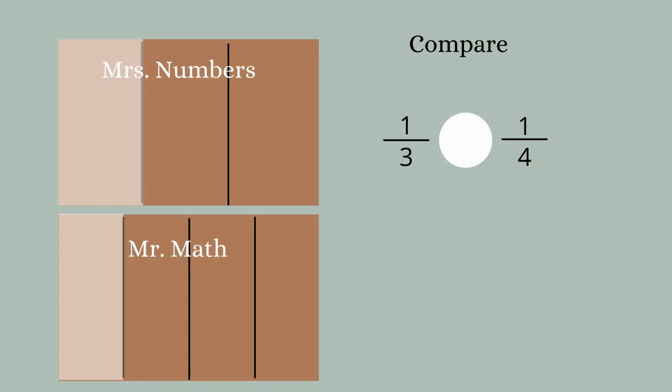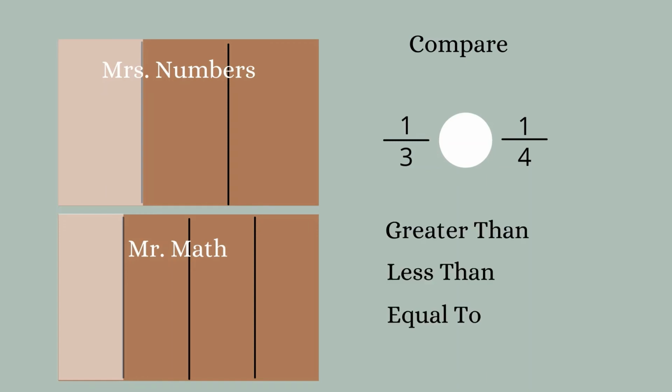In math, when we're talking about comparing numbers or comparing fractions, we don't mean that we're comparing which one is prettier or smarter or better. We are specifically comparing greater than, less than, or equal to. So get used to thinking about the word compare with those words and with the symbols that we use to make comparing faster.